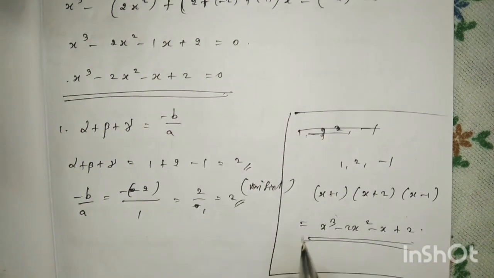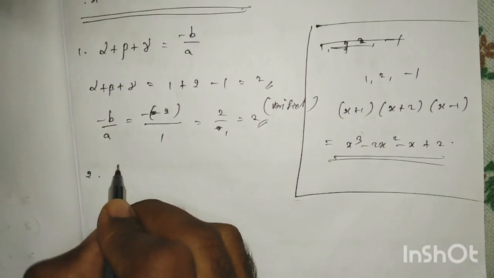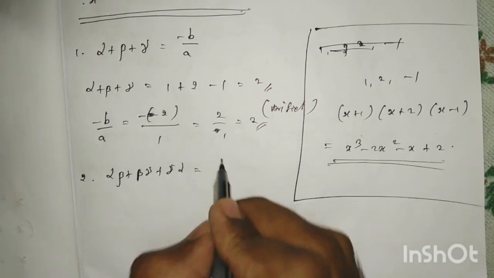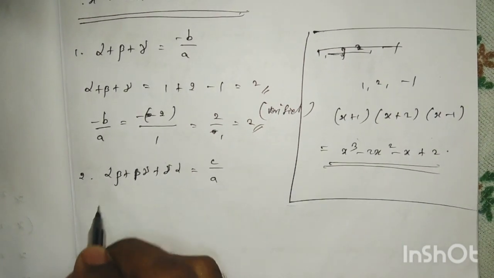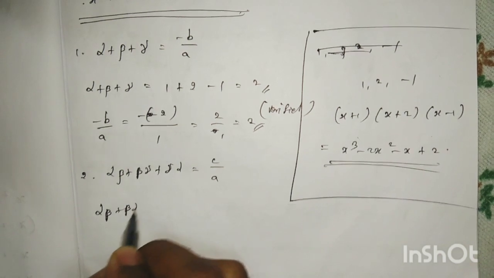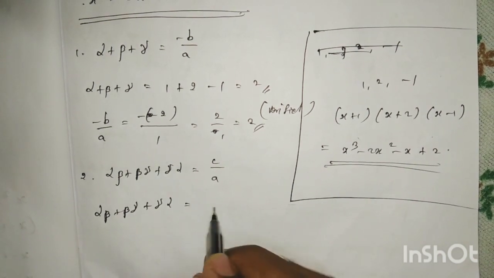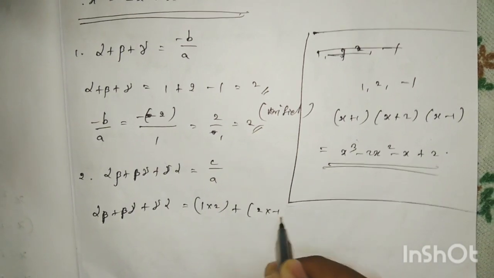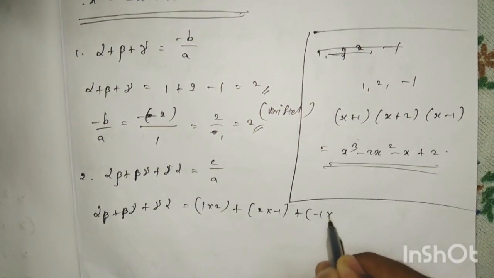Clear? Next, second condition: alpha beta plus beta gamma plus gamma alpha is equal to c by a. Alpha beta plus beta gamma plus gamma alpha is equal to 1 into 2 plus 2 into minus 1 plus minus 1 into plus 1.